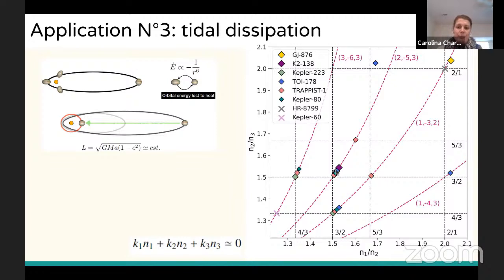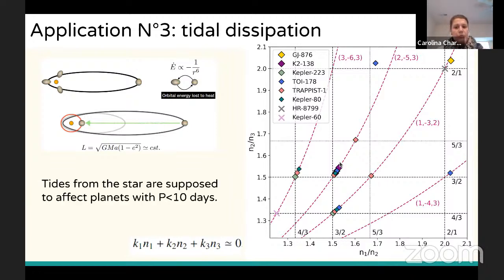But the dashed violet lines show the resonances between the three planets all together in the system. And so, for example, here we can see that the planets are not exactly in the intersection of two-planet resonances, but they are shifted away following the three-planet commensurabilities.